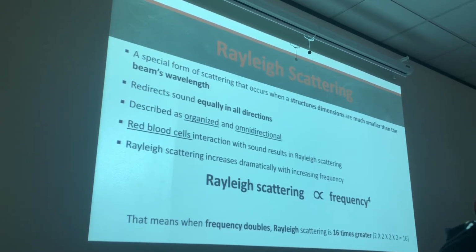Red blood cell interactions with sound results in Rayleigh scattering. Rayleigh scattering increases dramatically with increasing frequency. So again, scattering is directly related to frequency. Rayleigh scattering is proportional to the frequency to the fourth power.